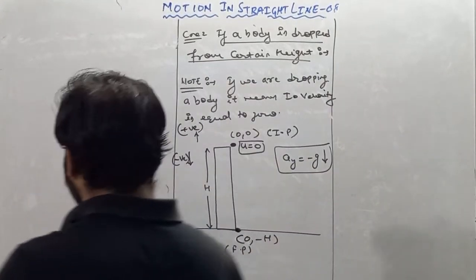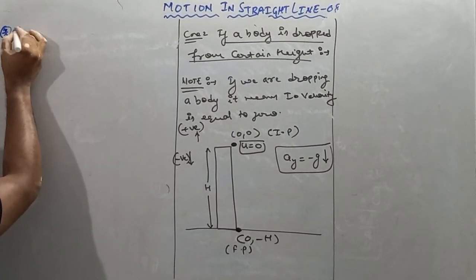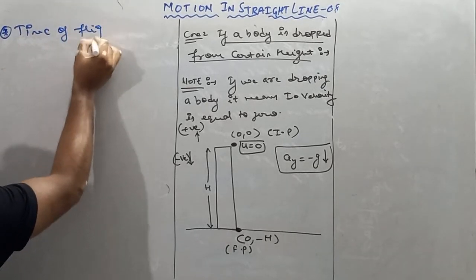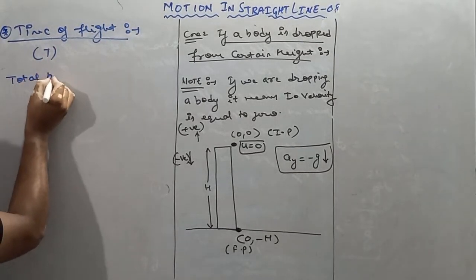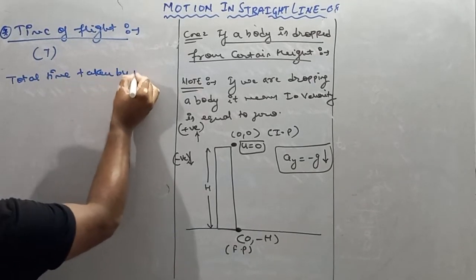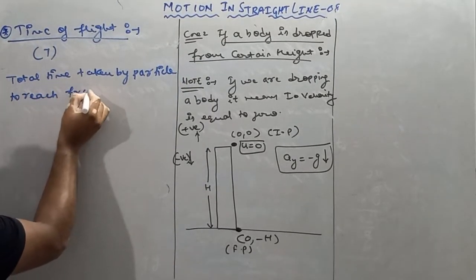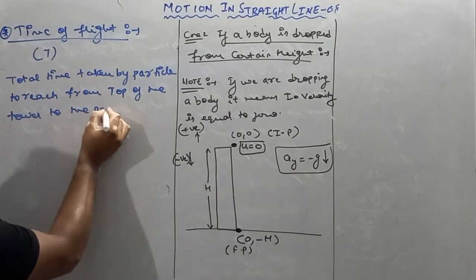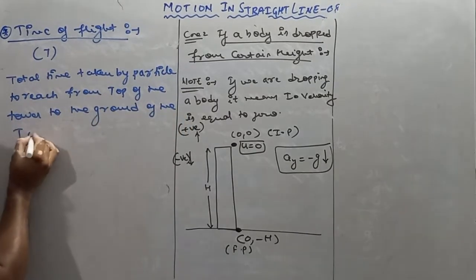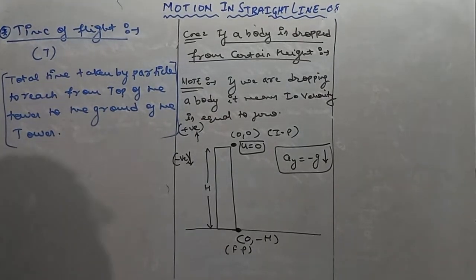The first formula which we derive here is time of flight, represented by capital T. The total time taken by the particle to reach from the top of the tower to the ground of the tower is called time of flight.